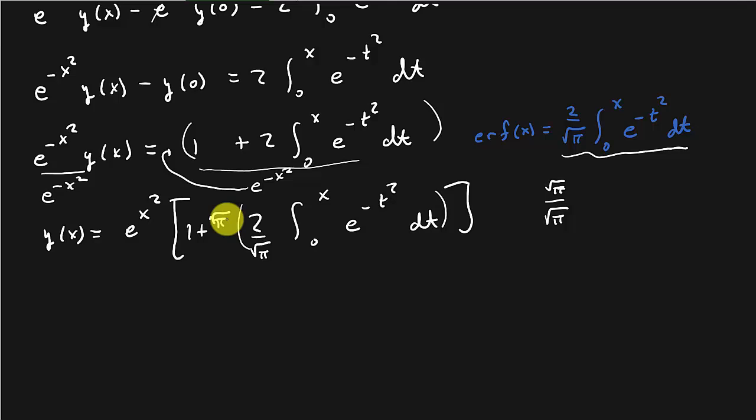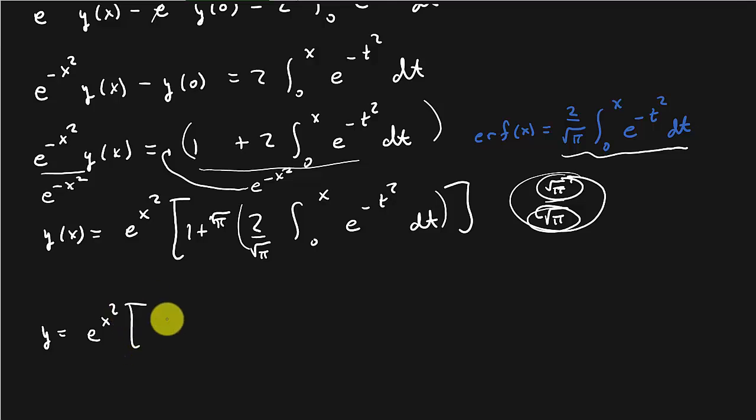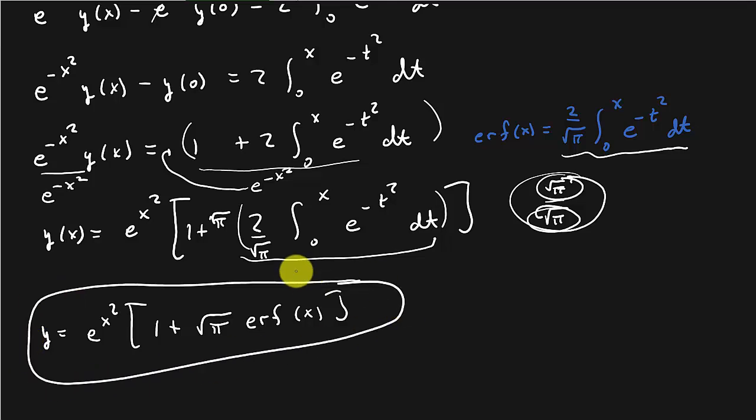All I did was put the denominator under the 2, and I put the numerator out here times that whole thing. And so now I get y is equal to e to the x squared times 1 plus square root of pi. And then what is that? Well, that's my error function. And there's your answer. See, this part right here is your error function.